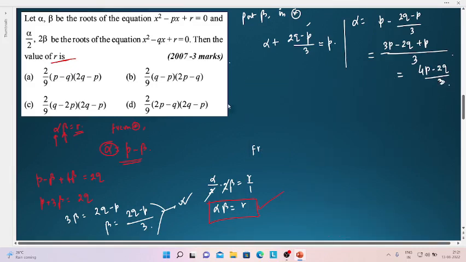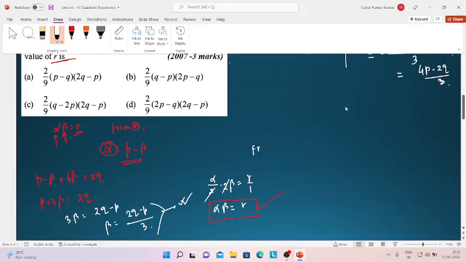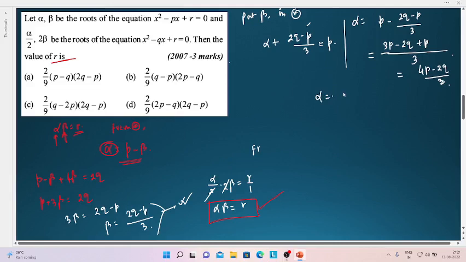So the value of alpha will be 4p minus 2q upon 3. I can take the common 2 from the numerator, so it will be 2 times 2p minus q upon 3, and the value of beta is 2q minus p upon 3.